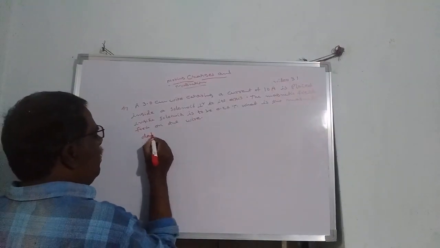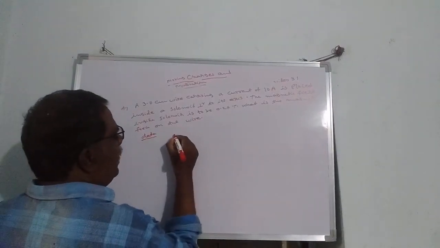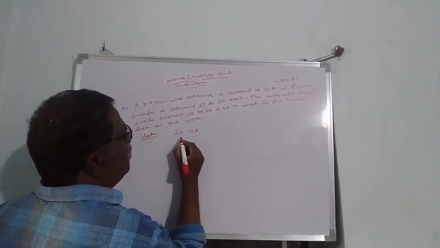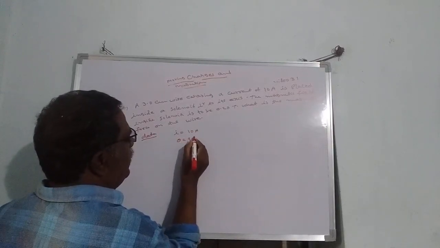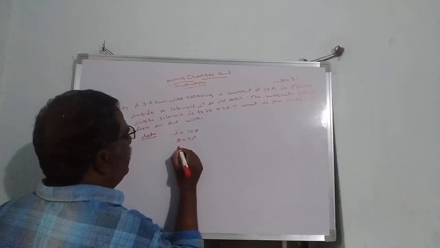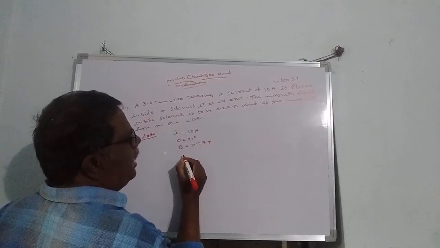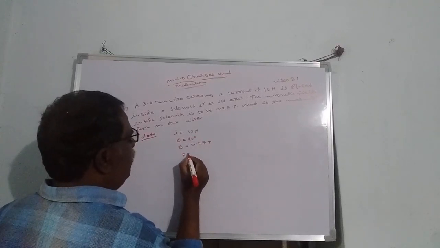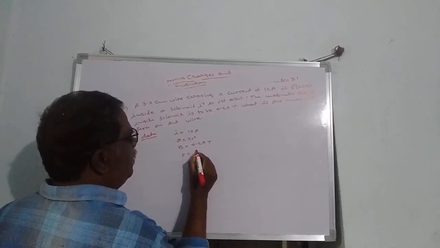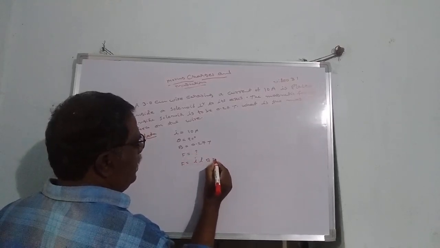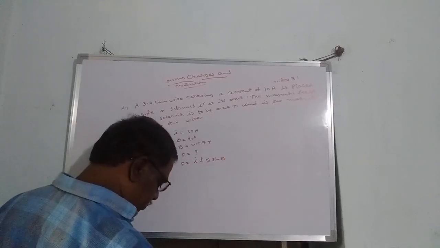Here the data given: current I is equal to 10 amps, perpendicular so theta is 90 degrees, magnetic field inside the solenoid is 0.27 Tesla. What is the magnetic force F? General formula F is equal to ILB sin theta.